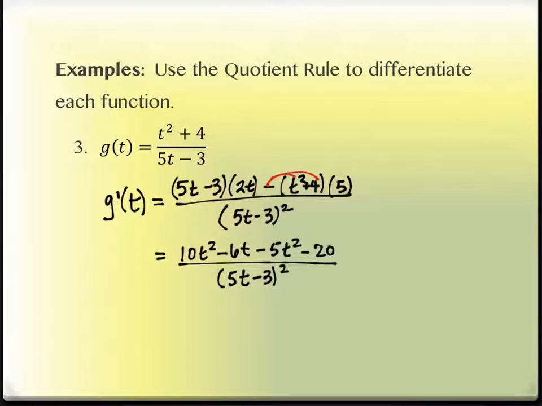Like it never happens. So don't do that. That's not useful. Leave it factored. The numerator will clean up. I have 5t squared minus 6t minus 20. Is that right? And then the denominator is 5t minus 3 squared.